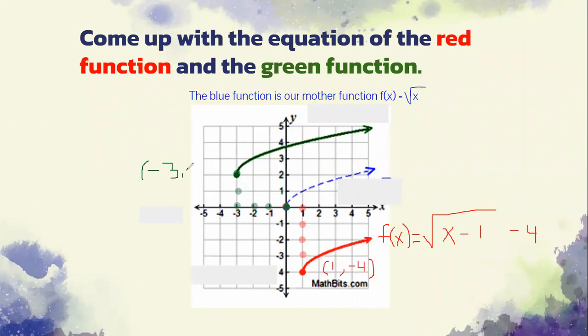We can see that our graph moved left 3 and up 2. So our function that represents a transformation of left 3 and up 2 is going to be the square root of x plus 3, remember opposite, plus 3, and then plus 2 as our k value on the outside.